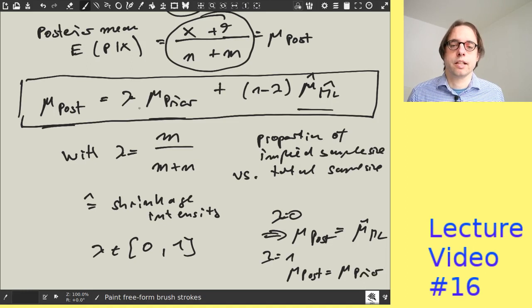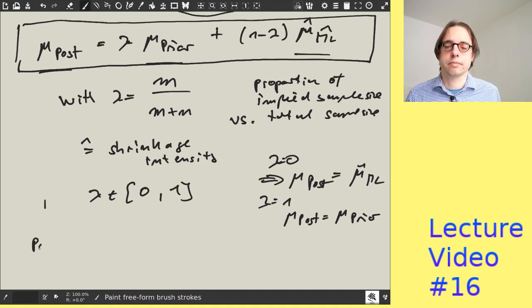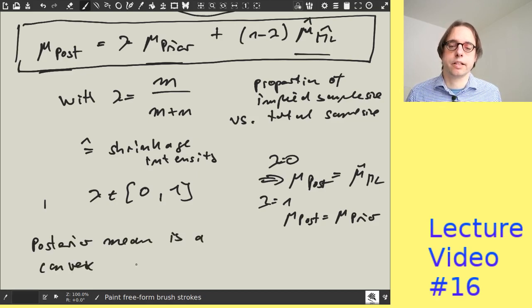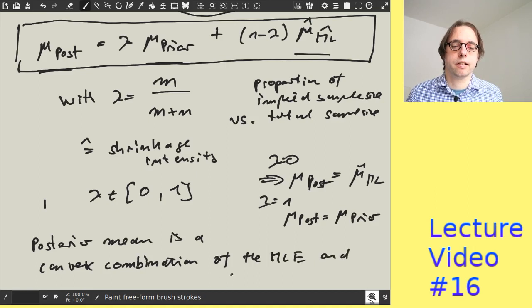So basically the posterior mean is a convex combination of the maximum likelihood based estimate, the MLE, and the prior.